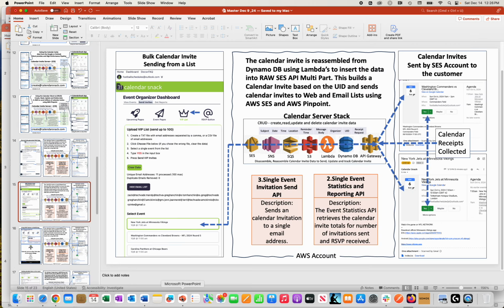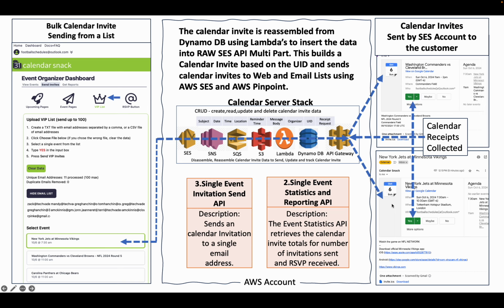So the quick recap is this data was requested from a picker. The picker itself was uploaded a list to send to, and a particular game was picked out of there. I showed you that live. It went out and actually requested a calendar invite be reassembled from DynamoDB using our lambdas to insert that data into the AWS raw API multi-part.